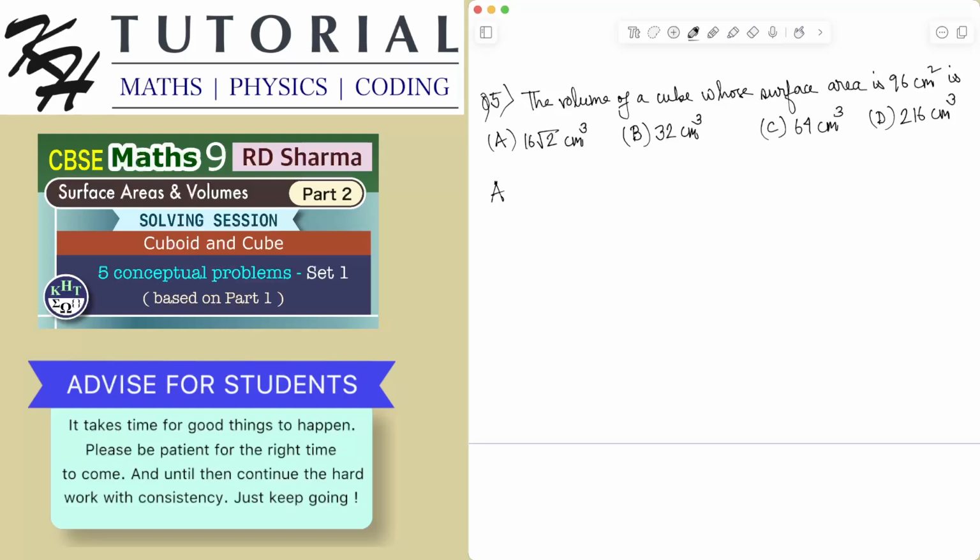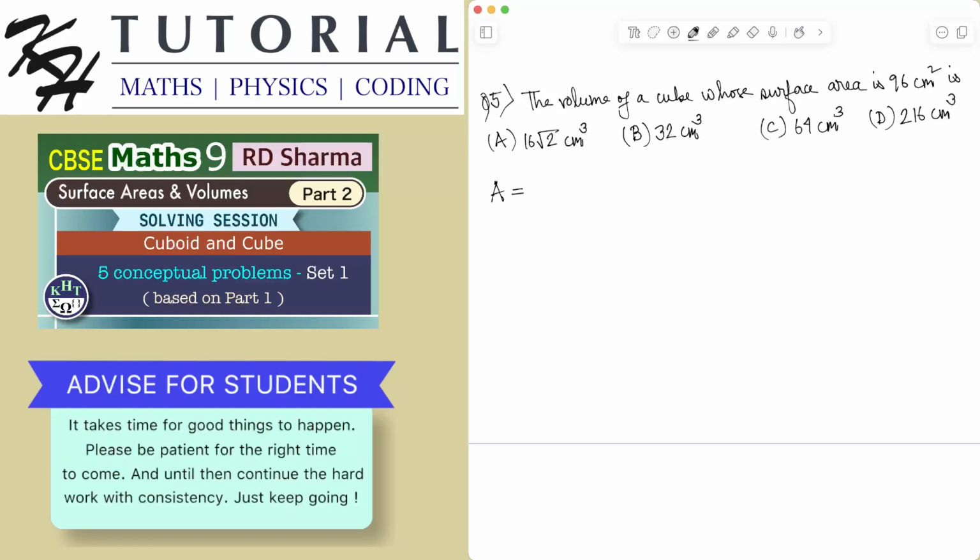So then what is the total surface area of a cube? If you can remember all the relevant formulas for a cube, it is fine. Otherwise, you should never forget the formulas of a cuboid. Based on the formulas of cuboid, you can always derive the corresponding formula or result of a cube.